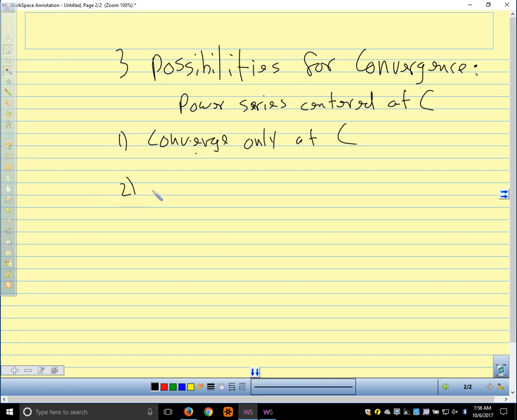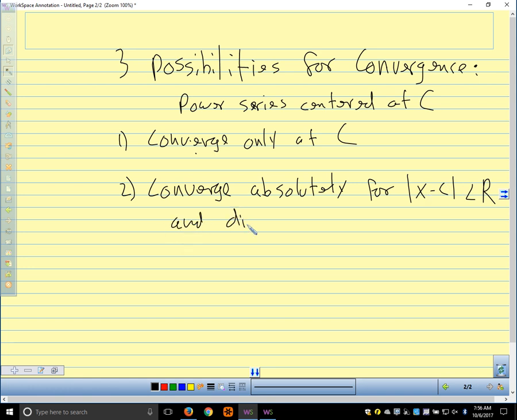Two, it can converge absolutely for x where the absolute value of x minus c is less than r, and diverge for absolute value of x minus c greater than r, where r is some real number greater than 0.